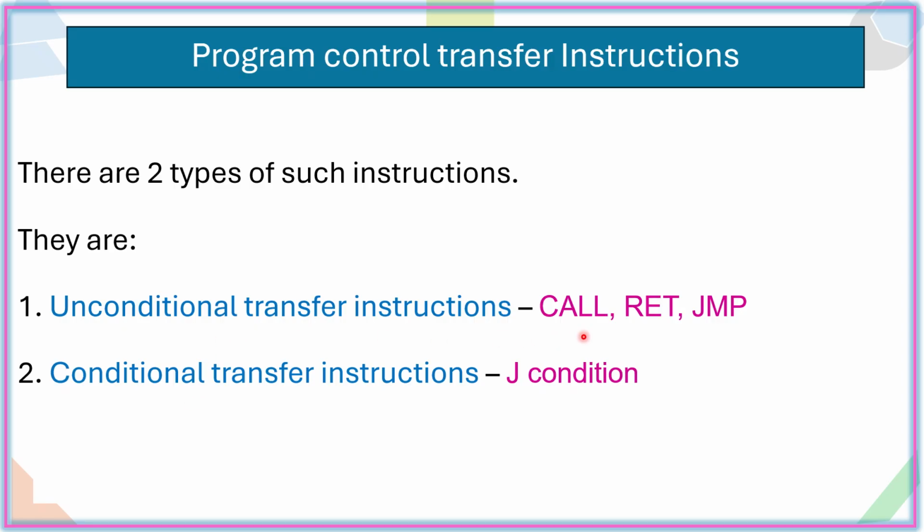When there is no condition, the categorization is under call, return, or jump. So when there is no condition, it just calls, returns, or jumps. But when there is a condition, it jumps based on a particular condition. So this J will be accompanied with a condition. We'll see one by one in the next slides.